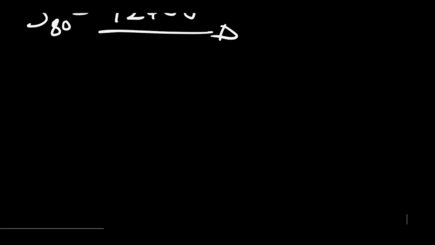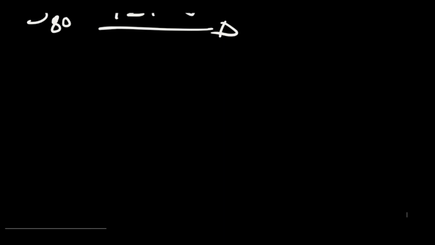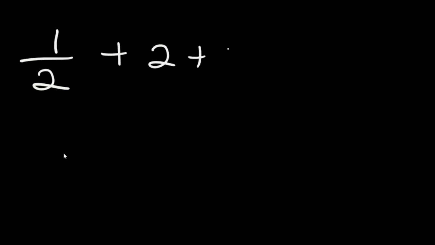So what I want you guys to do now is attempt this series here. We don't know whether it's an arithmetic or geometric series; you have to identify that. The series is 1 over 2, 2, 3 1 over 2, and so on, going all the way up to 32.